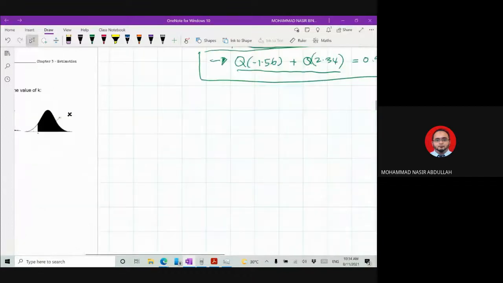Right, let's look at this one. So we want to find probability of negative 1.45 to the right, right? 1.45 Z 2.56.